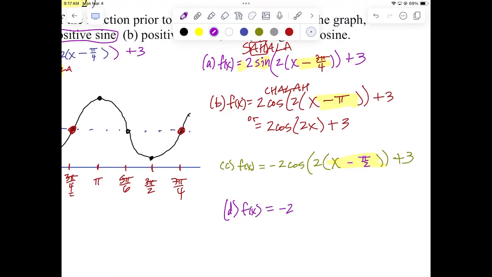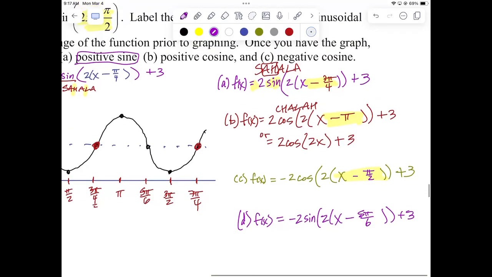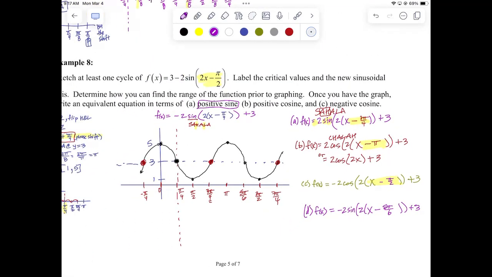How about a negative 2 sine of 2 x plus or minus something, something plus 3. Negative sine is axis going low. That would be minus 5 pi 6. So for sine, you always have to look at 2 points, don't you? You got to be on the axis, and you got to either be going up or down. But for cosine, you only have to look at 1 point.